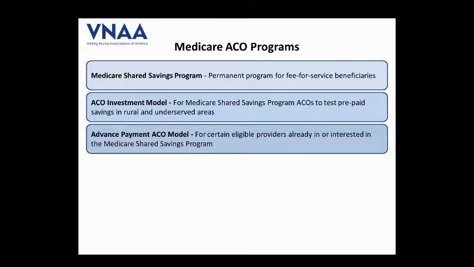However, CMS, in their desire to build this model out, recognized that not all providers and not all communities have the care management infrastructure in place. So these two models provide some upfront money that providers can use to build that infrastructure. In these models, though, the idea is that any money that is provided upfront to the providers would be repaid essentially through a decrease in their shared savings on the back end. If the provider does not earn shared savings on the back end, they could be responsible for paying back some or all of that money to CMS.